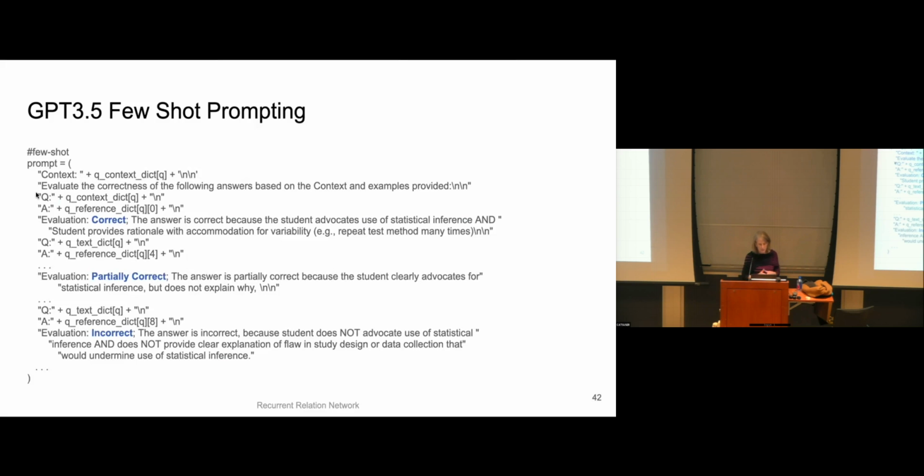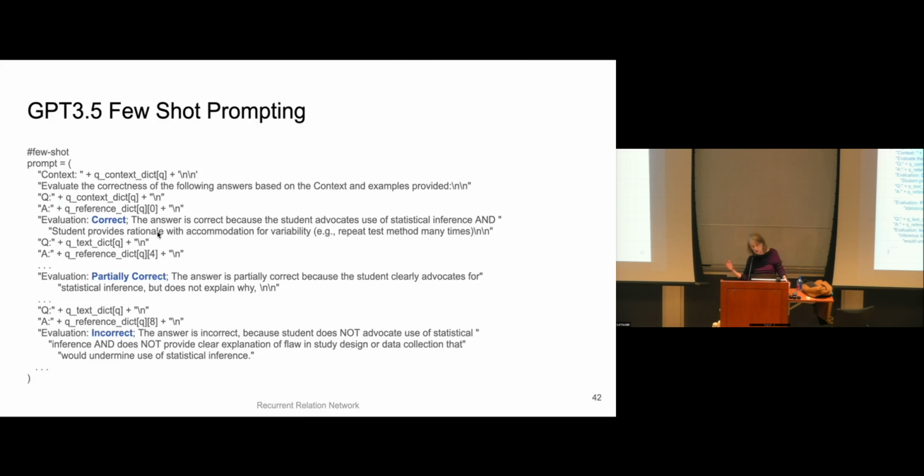Then we say, you've got to evaluate the correctness of the following answers based on the context and the examples provided. And then we give the question, because there's two different questions for each context, and we give the student answer.